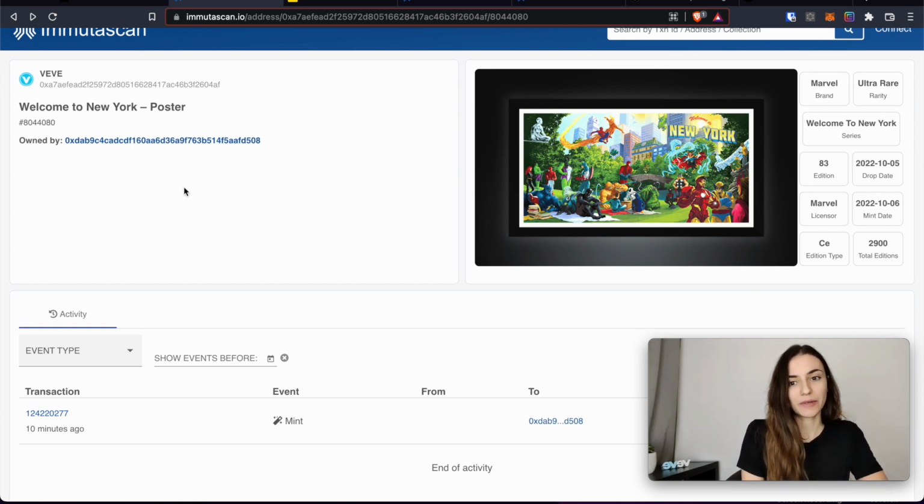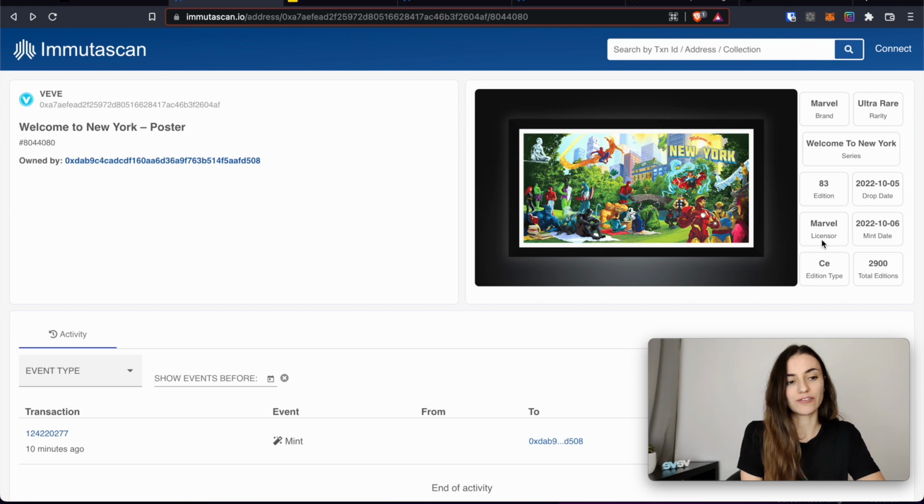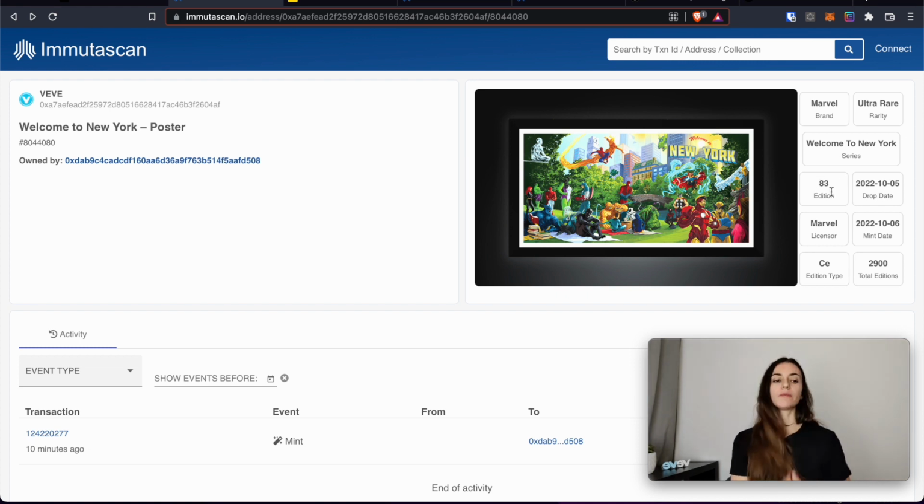And when we're already on these kind of debatable topics, another thing that I don't know if a lot of people in the Veve community are aware of is the mint number. So here, for example, the mint number of this poster is 83. And I don't know if a lot of people are aware that the mint numbers are not minted in sequential order.